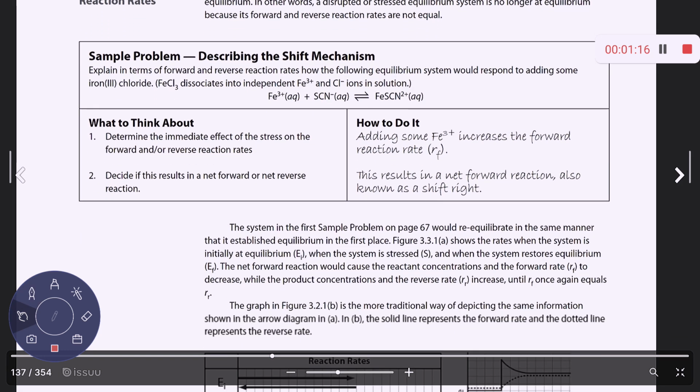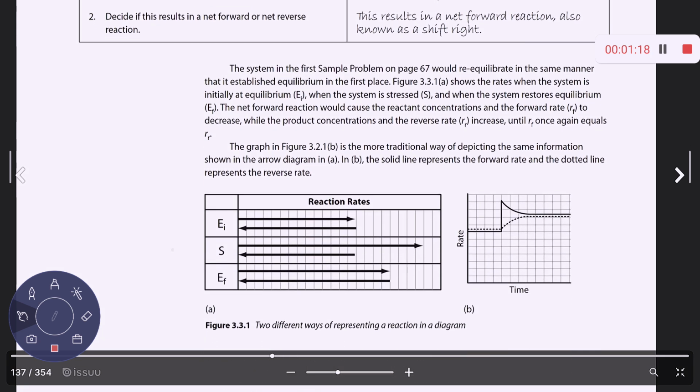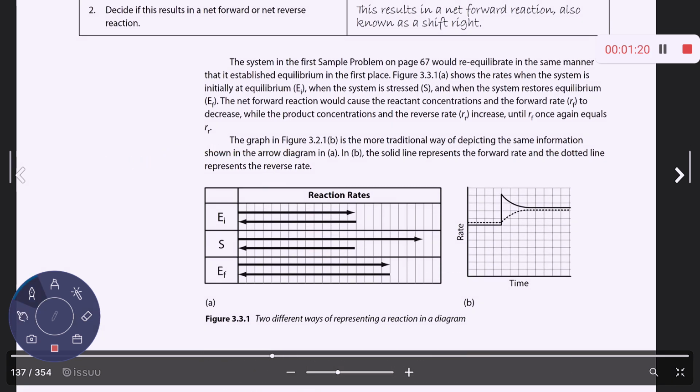So if you come down here, at the very beginning, at the initial equilibrium, here you can see that the forward rate and the reverse rate are the same because the length of the arrows are the same. On the graph, that's what these two lines are representing.